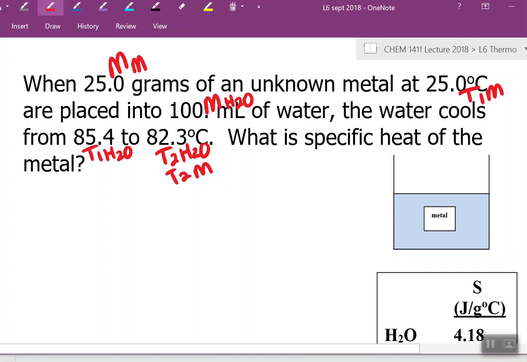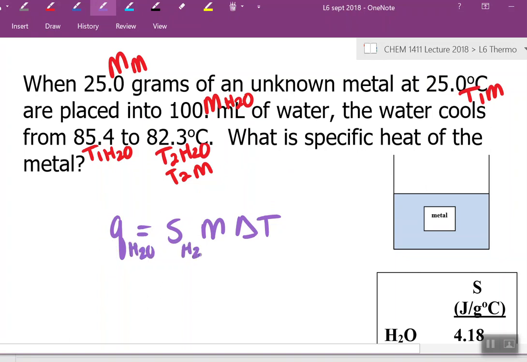Okay, so if we look for this equation, we have more information about the water. We have the delta T, the mass, and the specific heat for the water, so we can solve for the Q for the water.